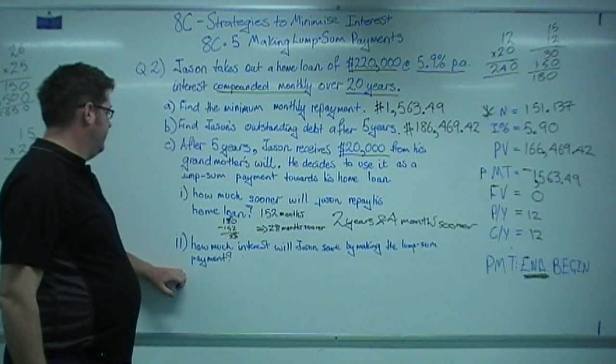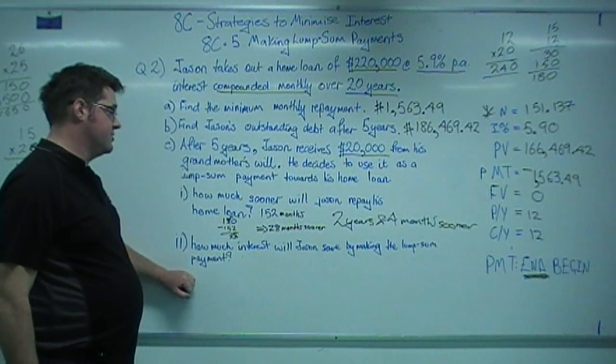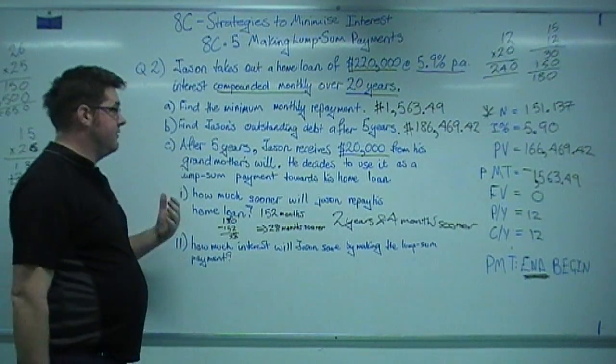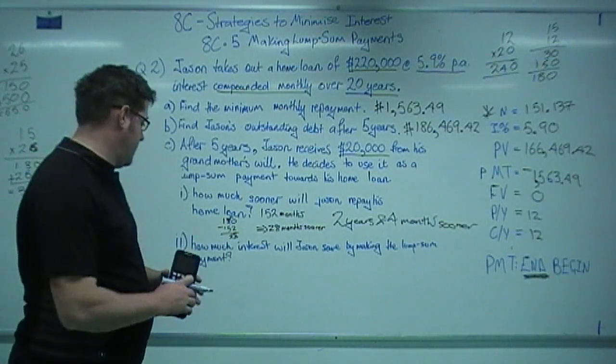So in part 2, we're asked how much interest will Jason save by making a lump sum payment. So to determine that, we have to find first what his total repayment would have been to start with.